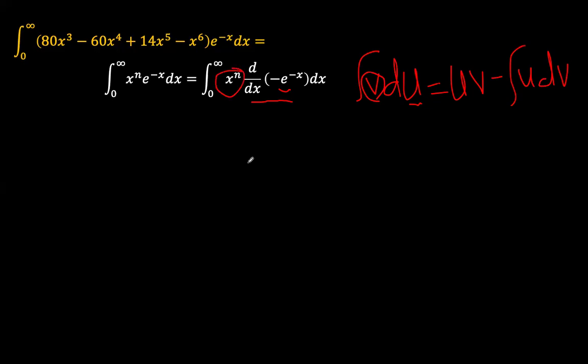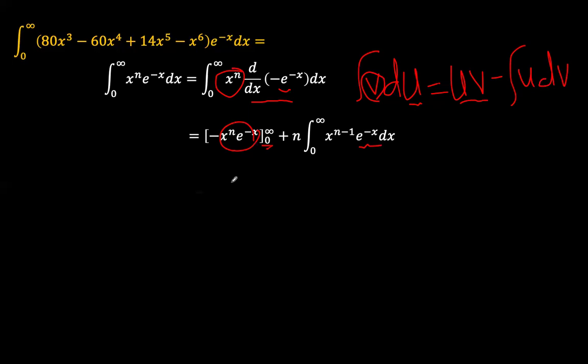Therefore, the product of U and V is negative e to the power negative x times x to the power n, applying the limits appropriately, minus, and since we have this negative here, it becomes plus n x to the power n minus 1, which is the derivative of x to the power n, times e to the power negative x.